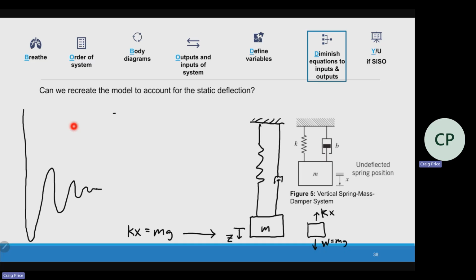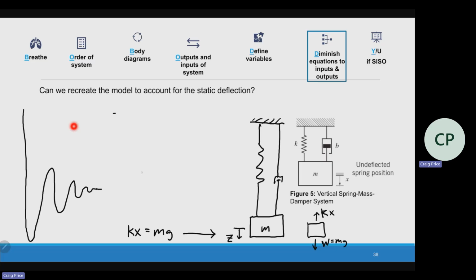We can create a new equation for this using z, where z is basically x minus whatever this distance is. It still has the spring and the damper, but the weight is no longer a part of it.